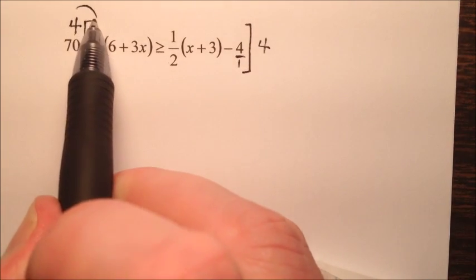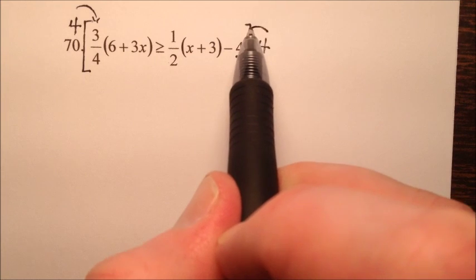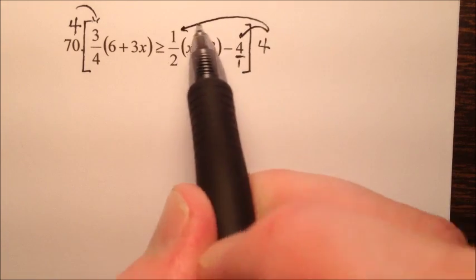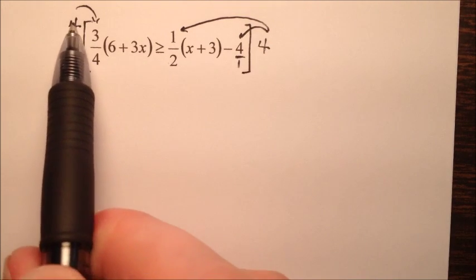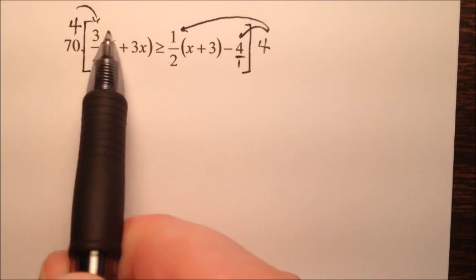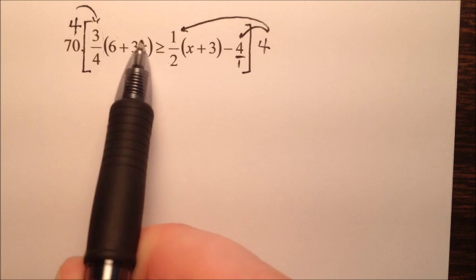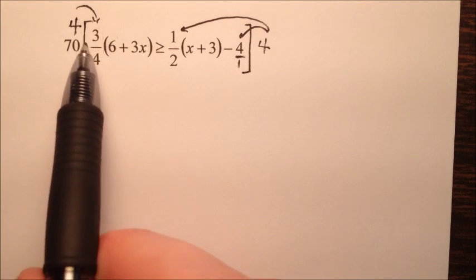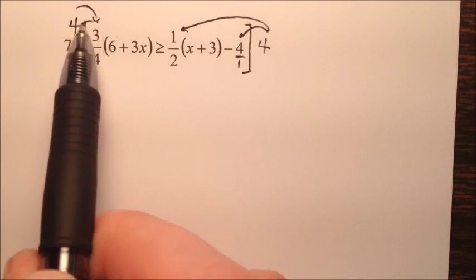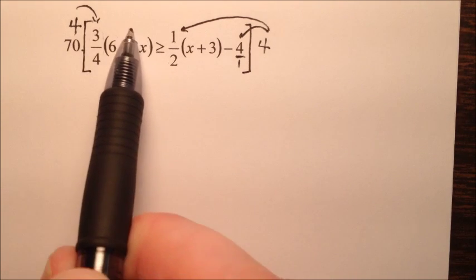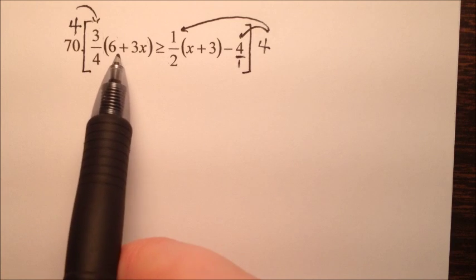So this 4 will go here to the 3/4, and this 4 will go here to the 4, and then here to the 1/2. And for the same reasoning as last time we discussed, once this 4 goes to the 3/4, then it gets distributed. So those terms will have to wait before they get this 4. We will not multiply this 4 by every single thing we see, only by this set once, because once it gets distributed, that'll take care of it.